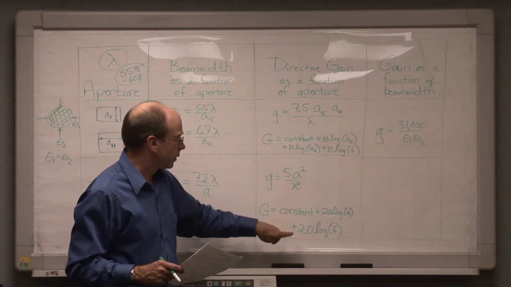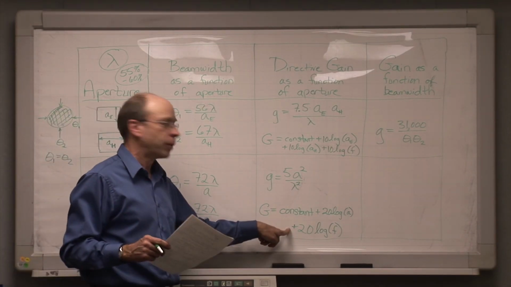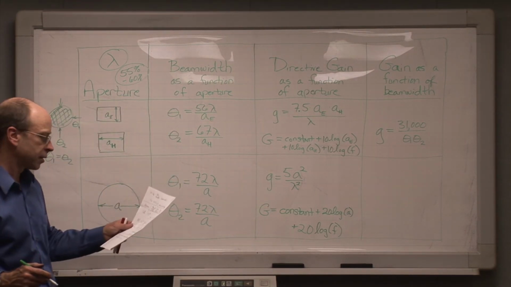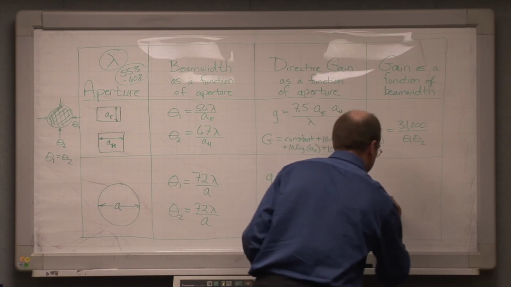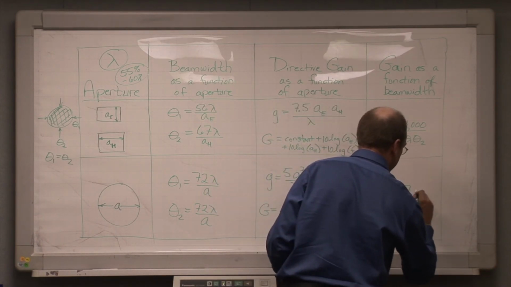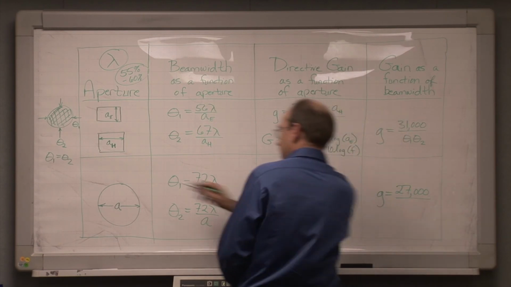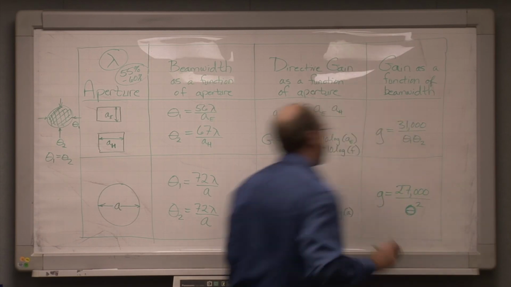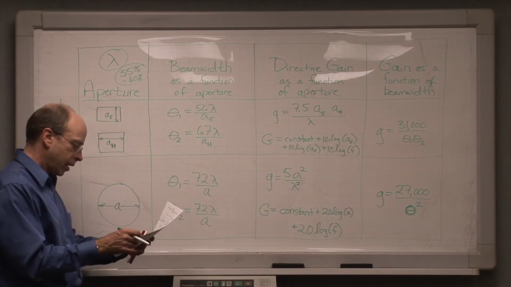This flattens out the minus 20 log F that we see come out of the calculation for the effective aperture of an isotropic antenna. And functionally, the linear gain of the antenna is about 27,000 divided by, assuming that these two are equal to each other, the beam width theta squared. Simple as that.